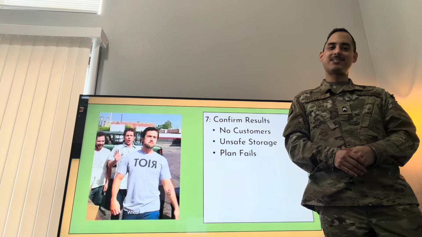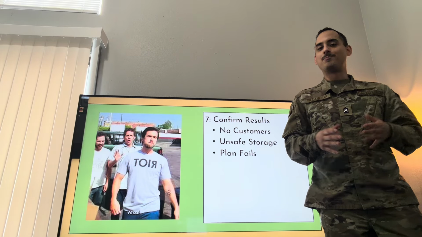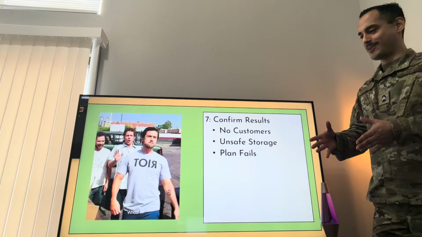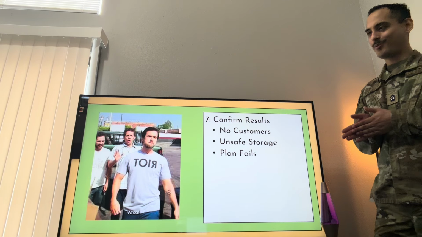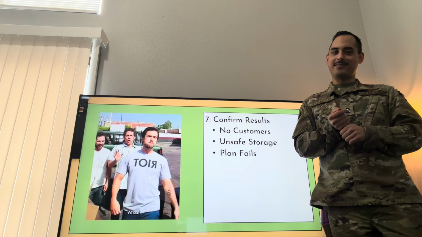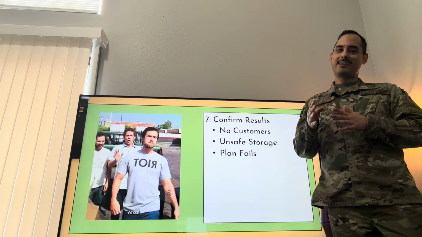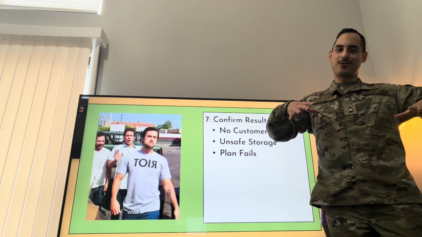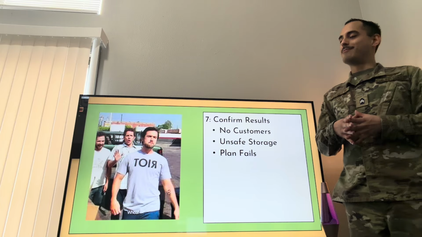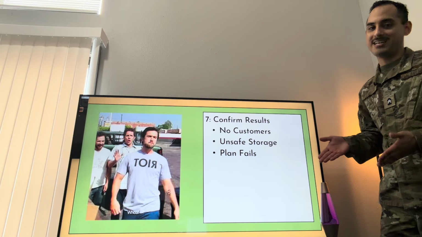Nobody wants to buy gas from them, from a group of strangers selling gas out of trash cans from a creepy van that they just pull up to your house in. They realize that the storage solution they came up with, storing it in loose trash cans, is unsafe, and the operation pretty much collapses almost immediately.